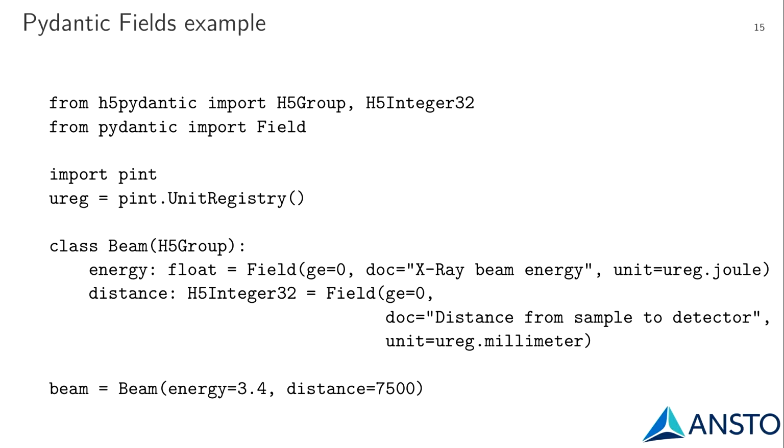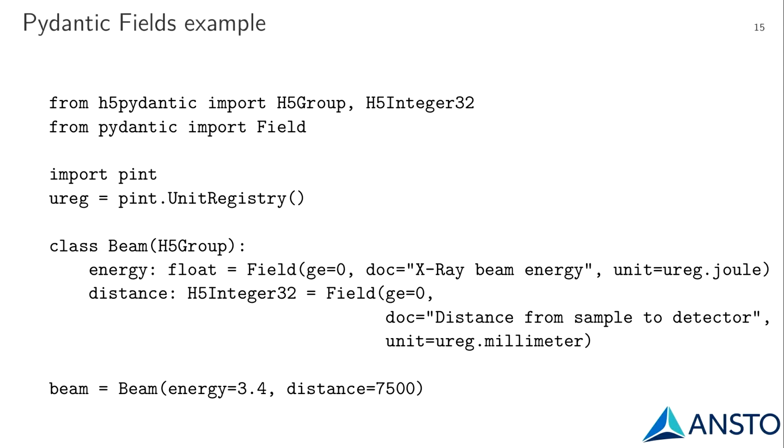So if we go back and have a look at declaring our beam group, which has a little bit more metadata and descriptive power describing our setup, we've got the energy describing the energy of the X-rays that we're using to hit the sample. The Pydantic field there, we passed along the GE equals 0, so that's greater than or equal to 0.